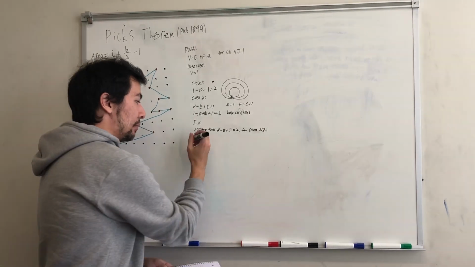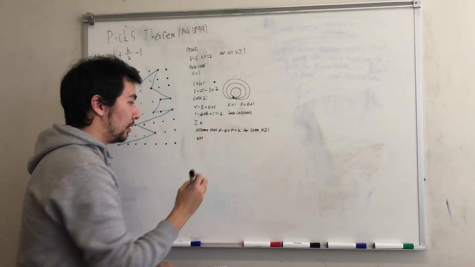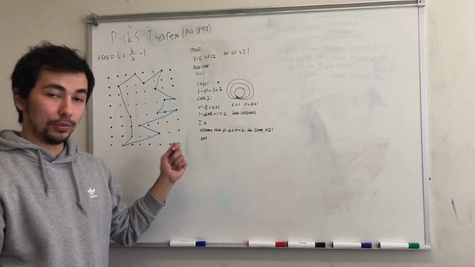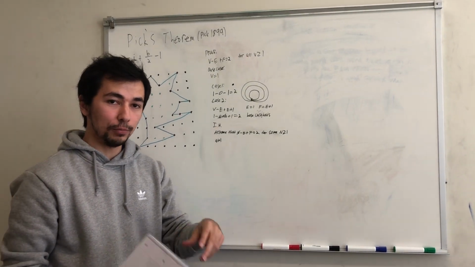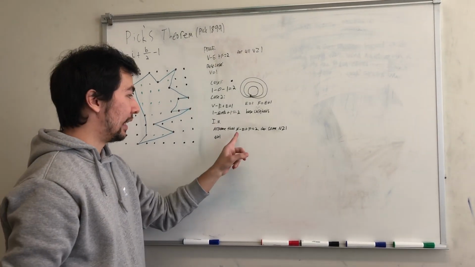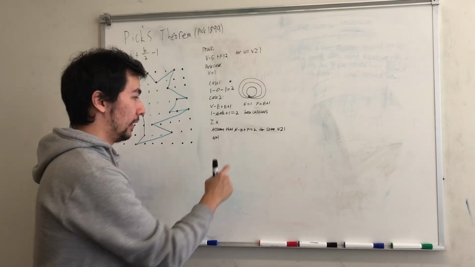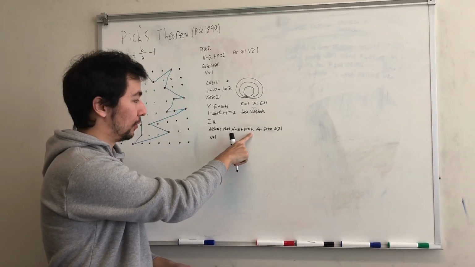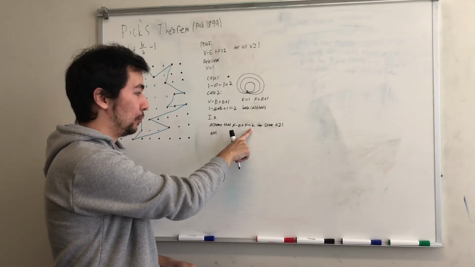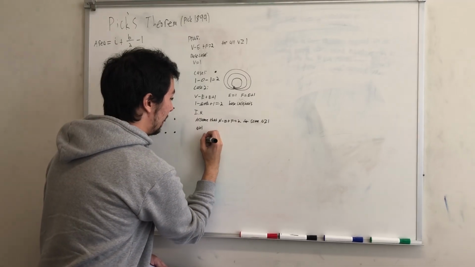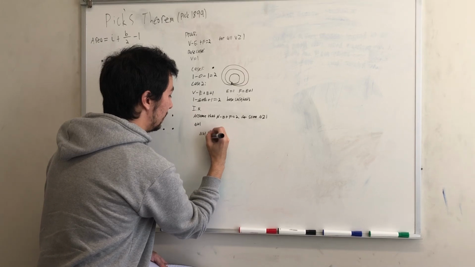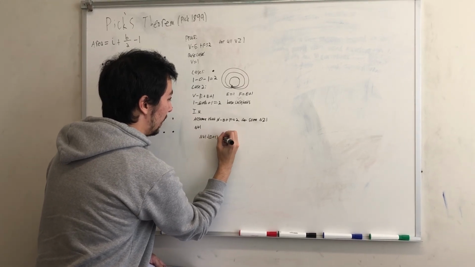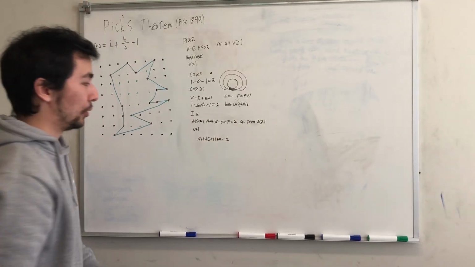And then when we have an n plus 1 vertex graph, we can take two vertices connected by an edge and contract them together, and then we get an n vertex graph. And from here, we're assuming that an n vertex graph has an Euler characteristic of 2, which would imply that an n plus 1 minus an e plus 1 plus f graph also has an Euler characteristic of 2.